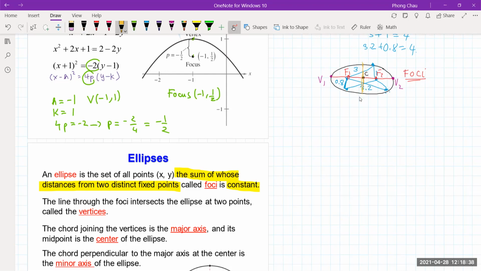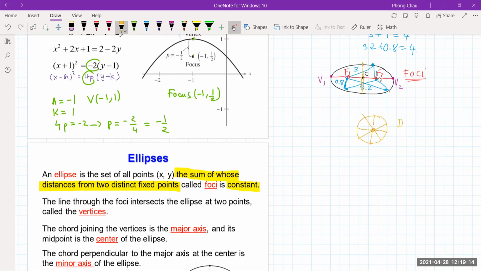Now think about this. If you think of this as a circle, in a circle, if you draw any chord through the center, you get what we call diameters, right? They all have equal length, and we call them diameters. Unlike circles, since the ellipse has been distorted, if you draw any chord through the center here, it has different lengths.